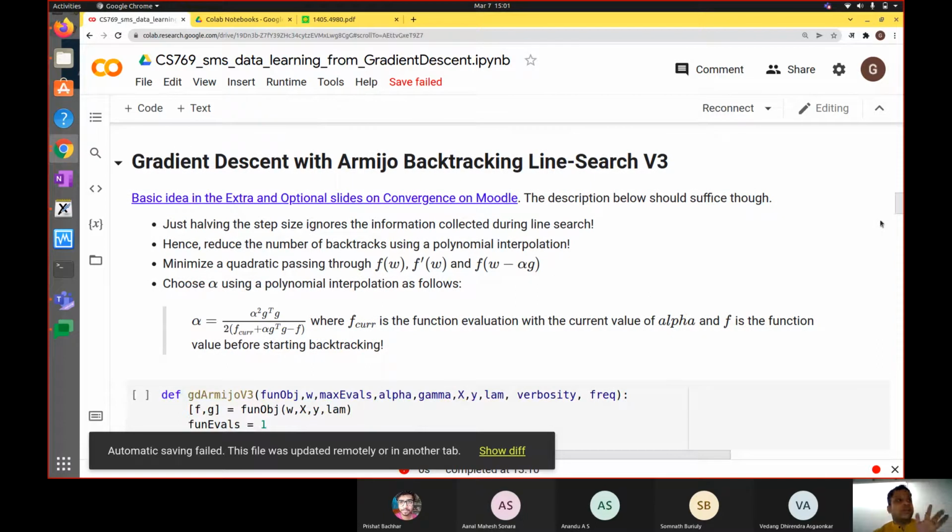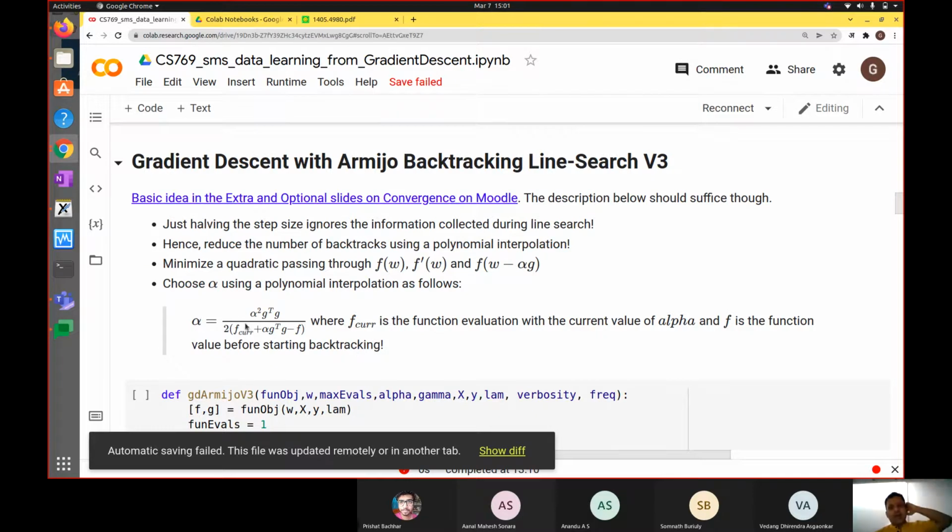Yeah, please ask questions. Today I really want this to be interactive. Let's be completely grounded. So here's the alpha. Some polynomial interpolation, this exact form I will not get into. But what we are doing is basically looking at the current function evaluation with respect to the function evaluation before starting the backtracking. Before you did any backtracking, what was f?